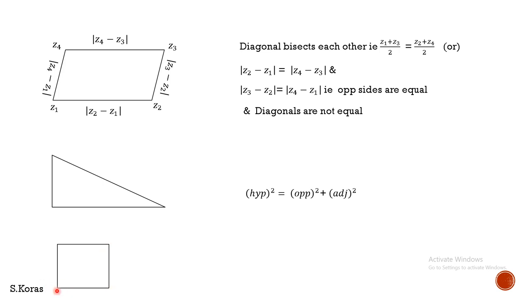This is one way. Another way, just prove all the 4 sides are equal and the diagonals are equal to one another. In case you want to prove the given 4 complex numbers form a rectangle, you have to prove the opposite sides are equal to one another, and you have to prove it forms a right angle triangle.